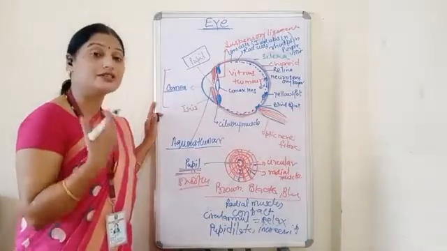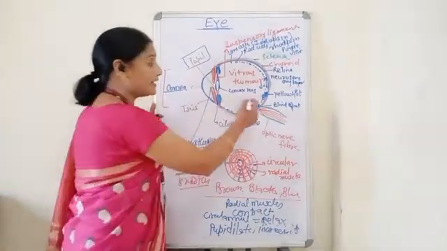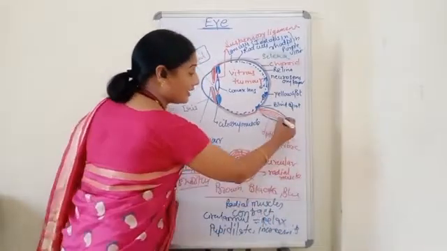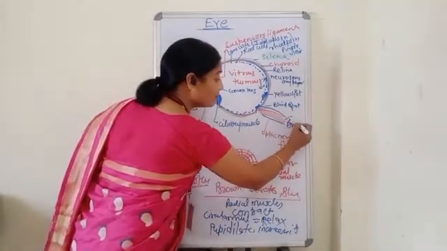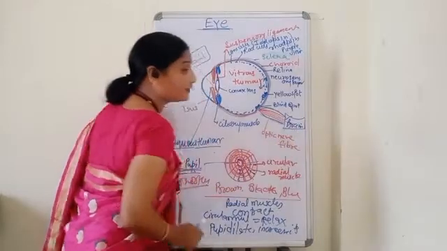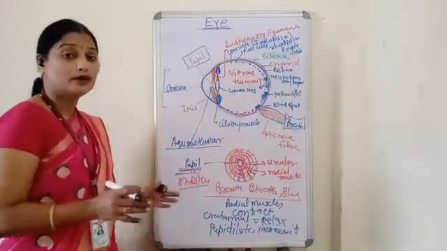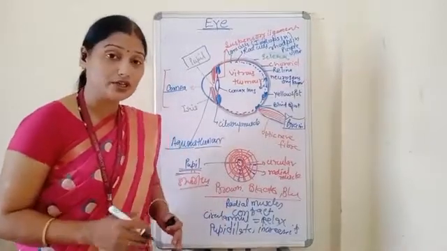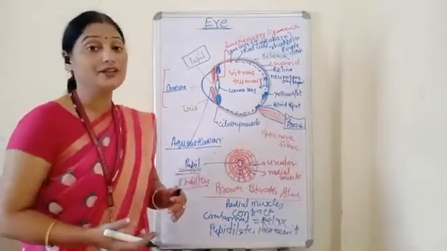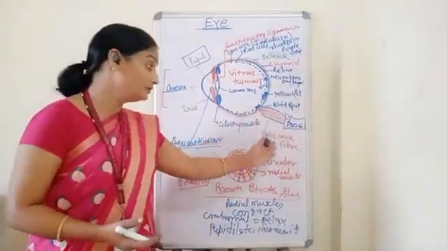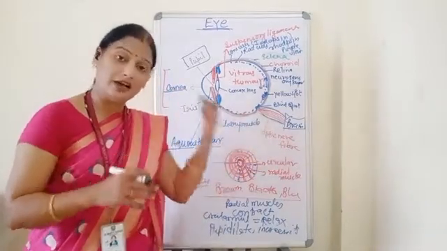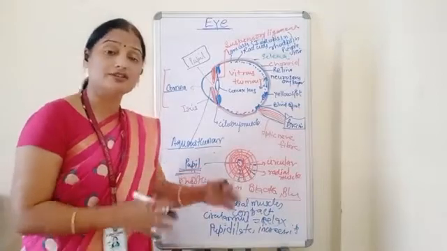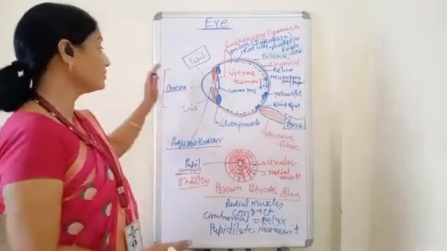Then only can we see the sharp image, and everything will go to the optic nerve fiber, and from there to the brain. In the brain we have the optic lobe. This we will see in the nervous system. The optic lobe will receive the messages from the optic nerve. Then our brain will interpret everything and give us the response.